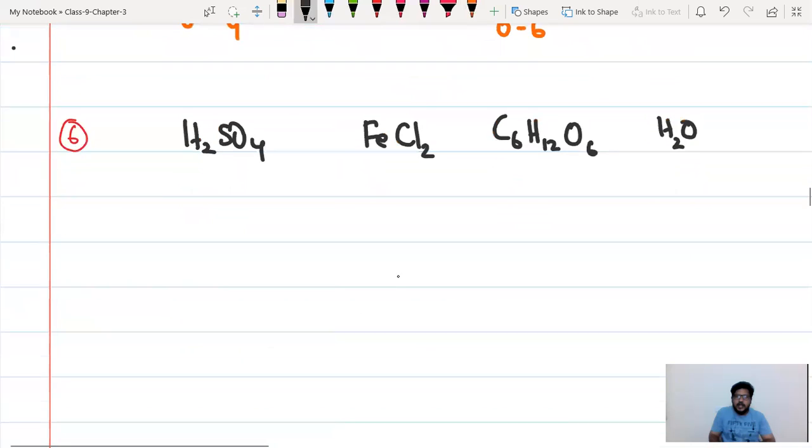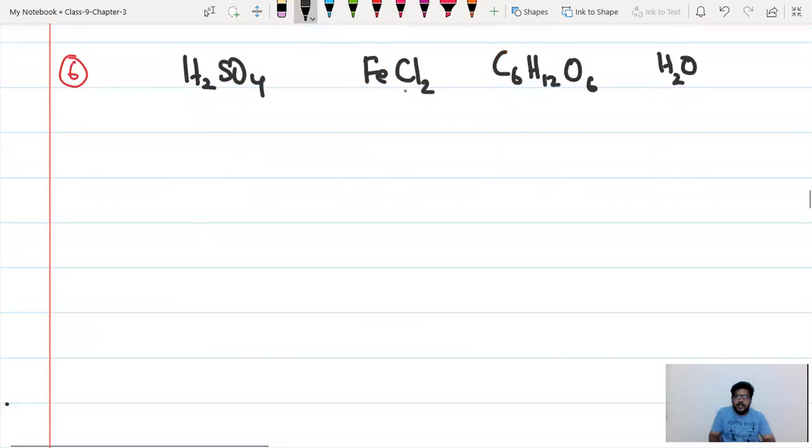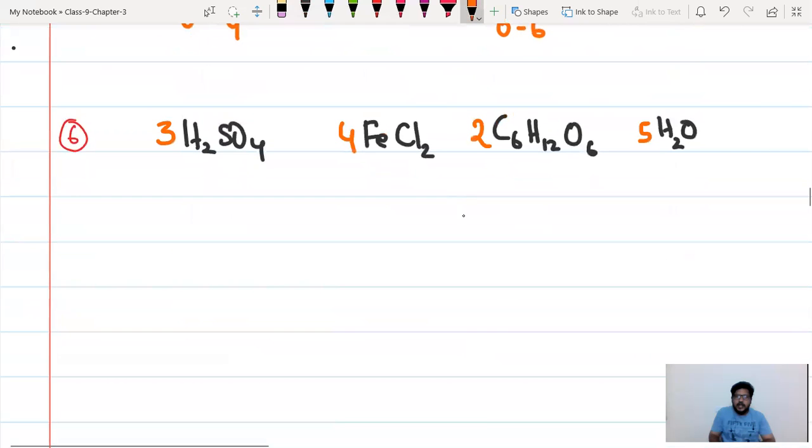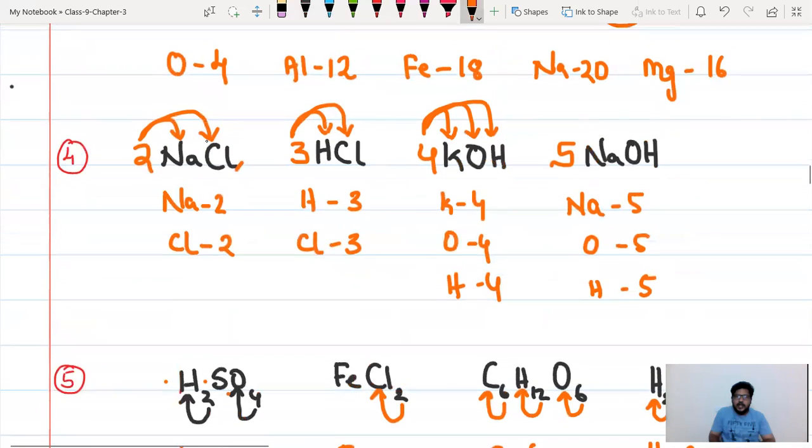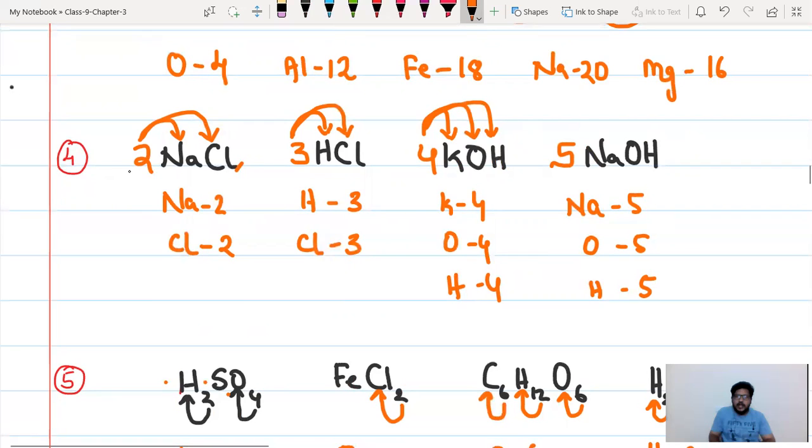Guys, now if you represent a number, for example 3, 4, 2, something 5, etc. Now which number is given to which atom? As we discussed in variety 4, if a number is placed in front of a molecule or atom or compound, that number should be given to all the atoms present inside this.